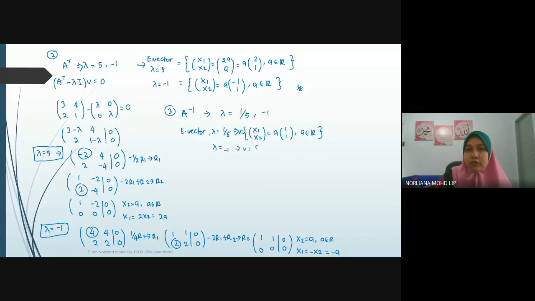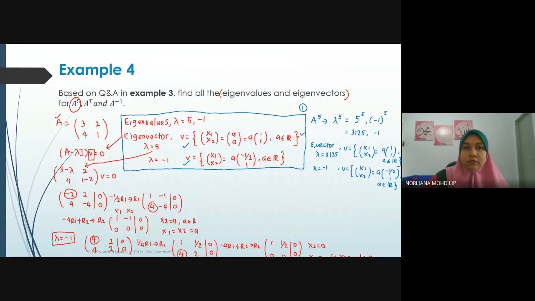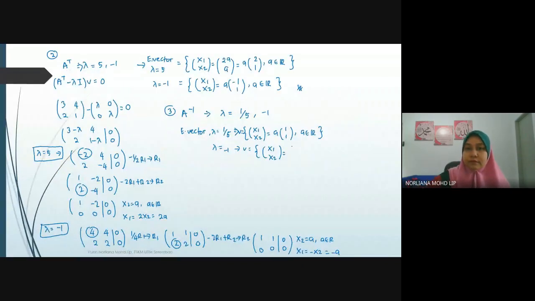So V equal to jadilah negative 1 over 2, 1. Sini untuk A inverse.